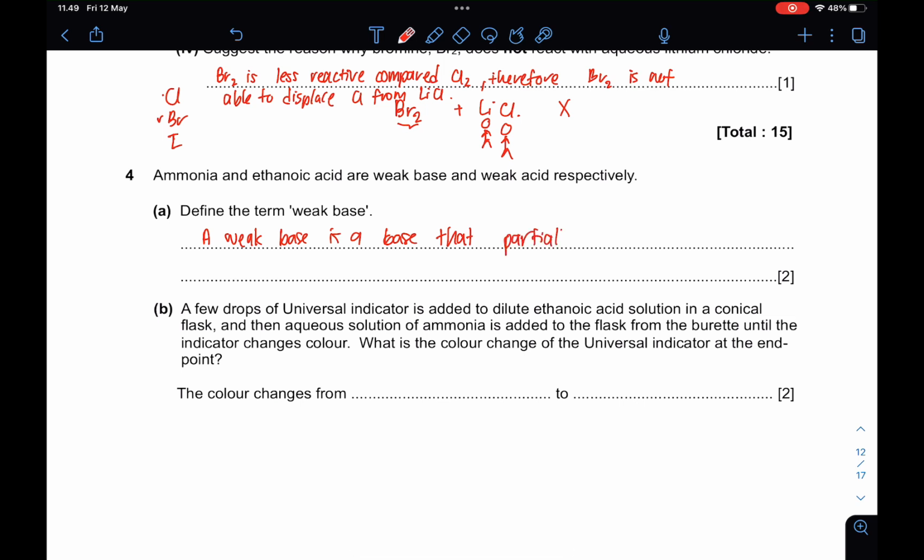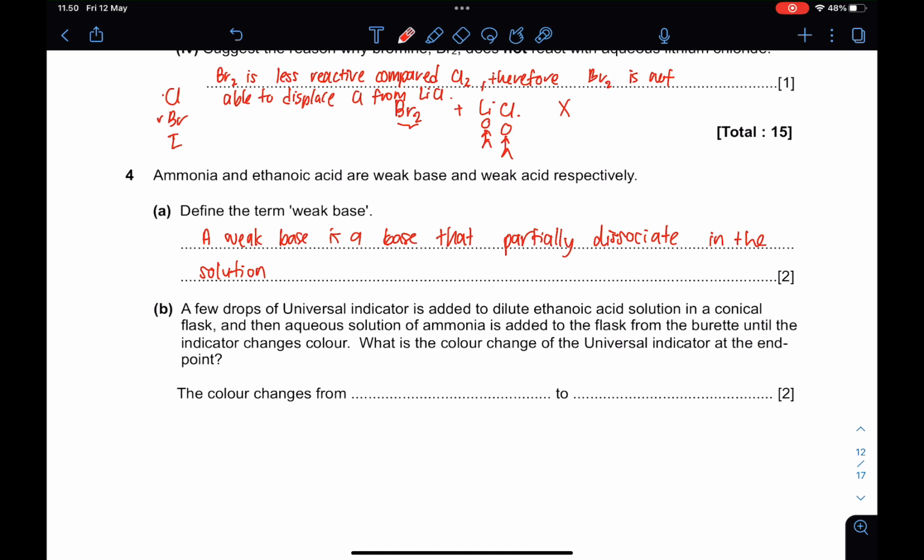So a weak base is a base that incompletely, or partially, dissociates in the solution or with the presence of water.